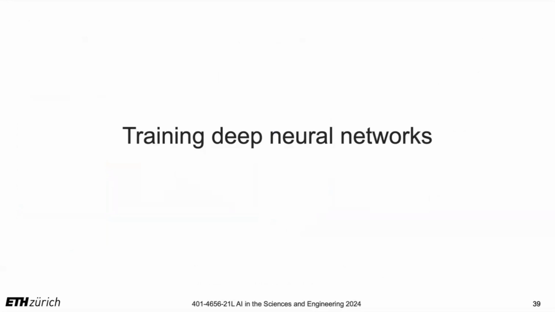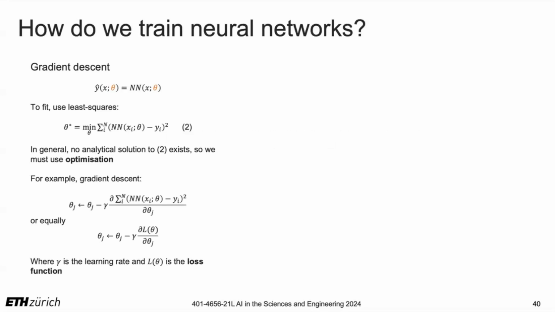Okay, in the last couple of minutes, I'm going to talk a little bit more about training deep neural networks, and in particular, how we use gradient descent to train the networks in more detail. So I already said this before. Again, for most tasks that we're using neural networks for, we're trying to fit a function to data, and we use some sort of loss function.